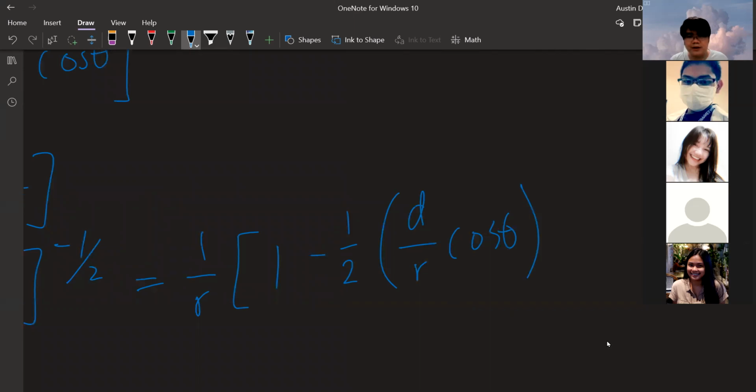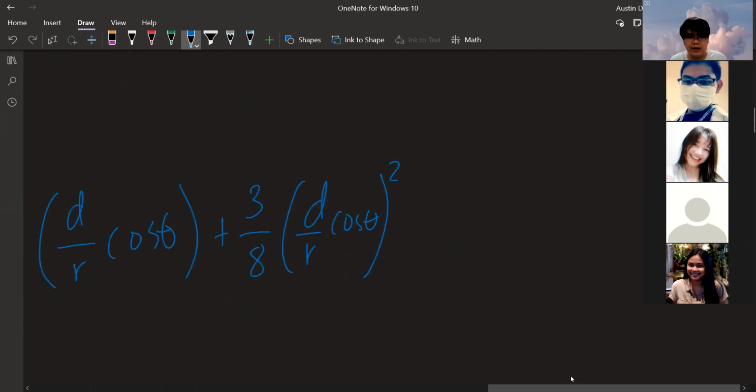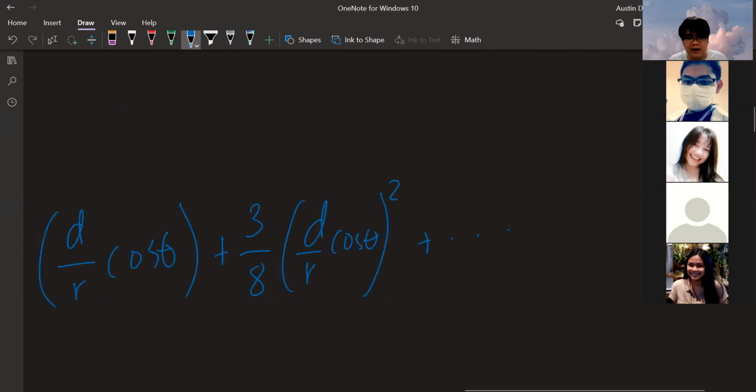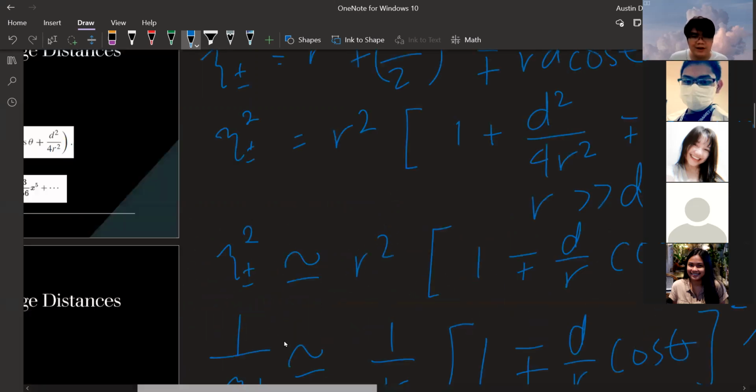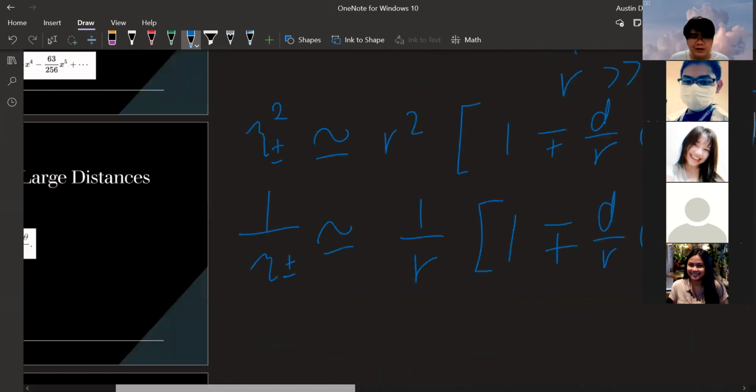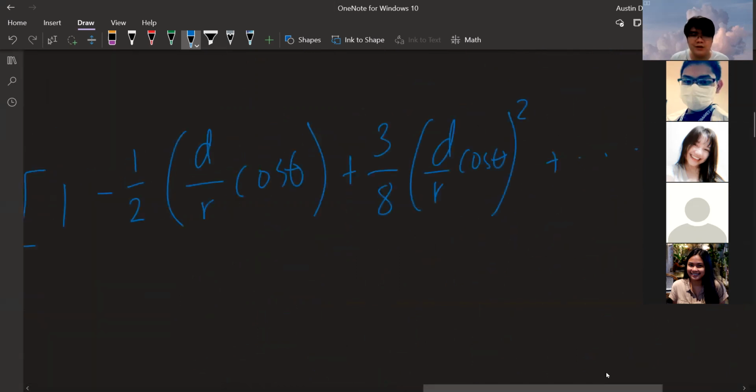And next is plus 3/8 ng D over R cosine theta squared. Now I can stop here, kasi alam natin si D at R ay magkalayo and D squared over R squared is very, very, very, very small. So these terms and so other terms magsi-zero out lang.